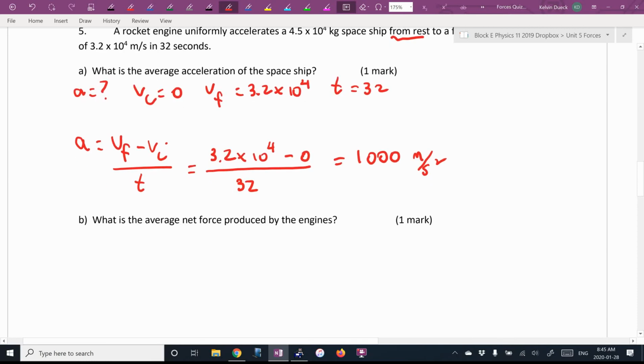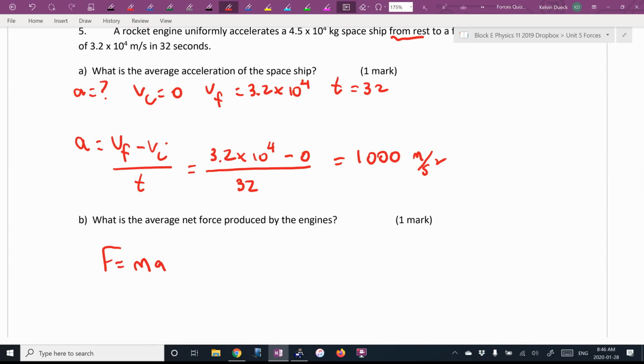What do they want me to find in B? Net force. Yeah, there you go. So now I want F equals MA. I would feel okay giving you a question like number 5 on the test card and not walking you through part A, just asking part B and expecting you to clue in that he gave me enough to find the acceleration.